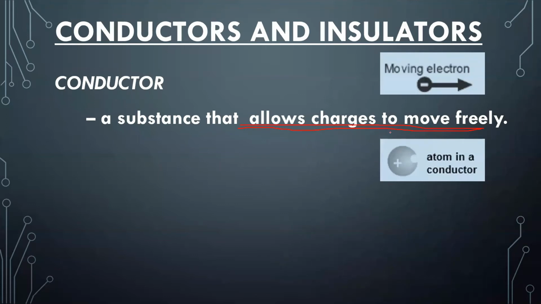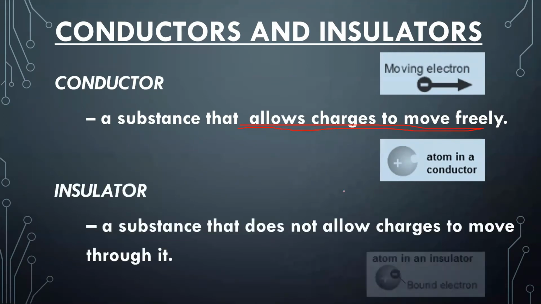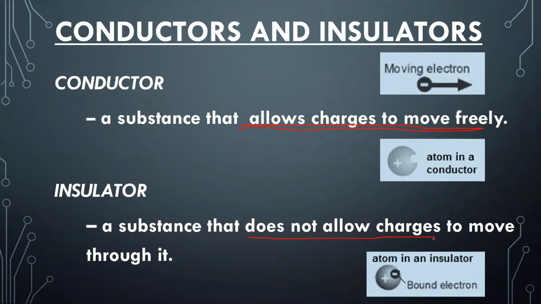And in an insulator substance, these subatomic particles which have charges are not allowed to move freely. So in conductor substances, these charges can move freely, but for insulators, they are not allowed to move freely.